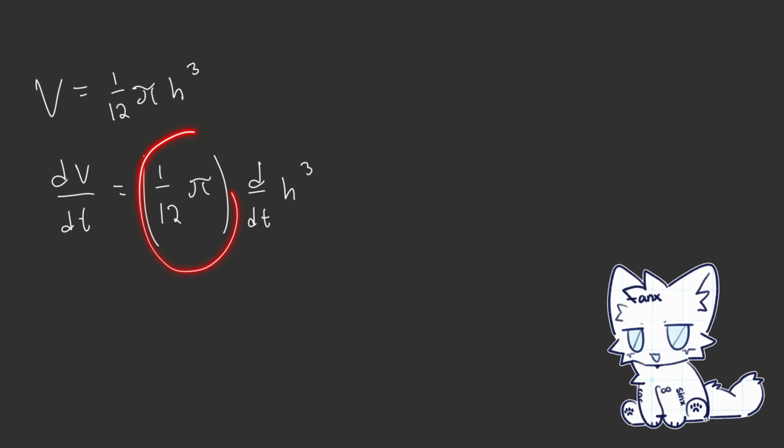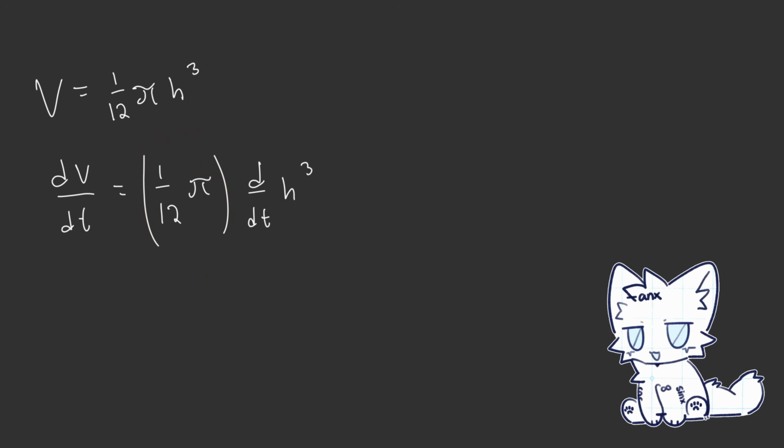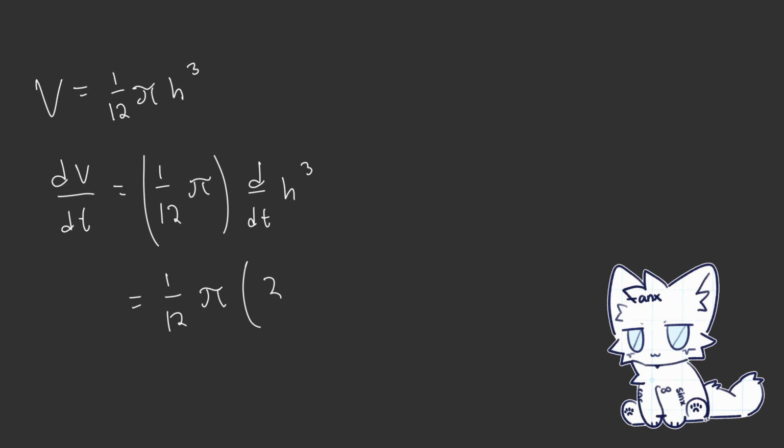We can take out these constants because of the power rule. We can do that, and then taking the derivative of this would equal 1/12 pi times 3h squared times the change in height with respect to time.